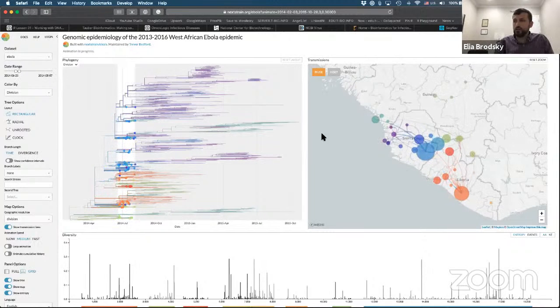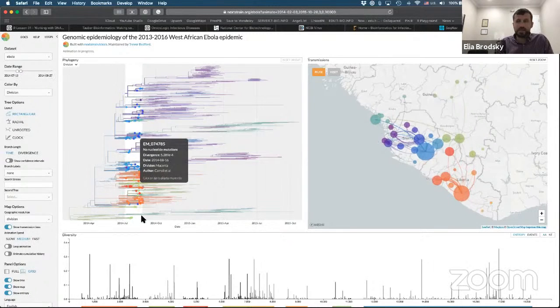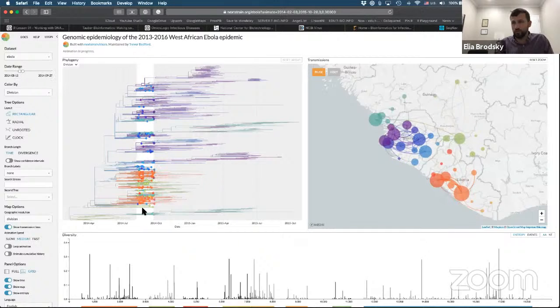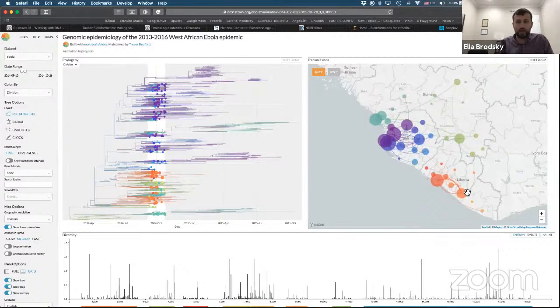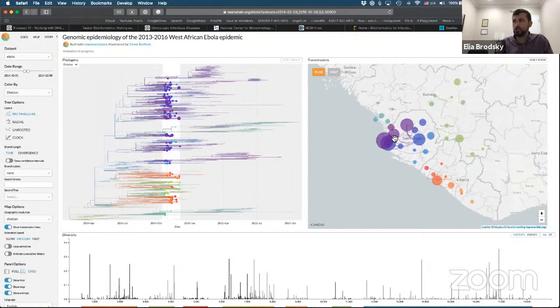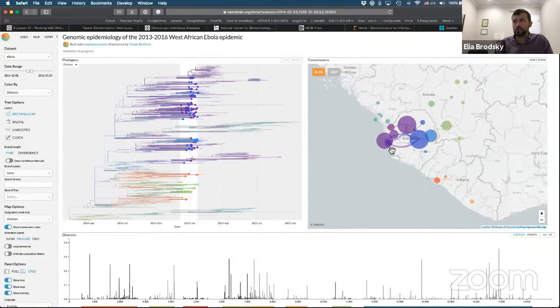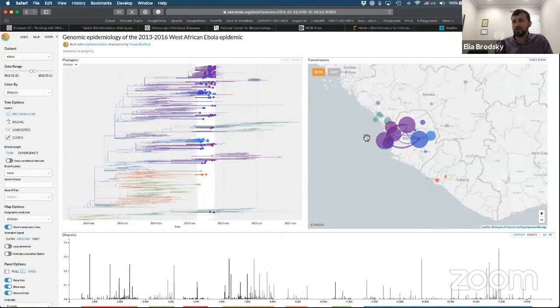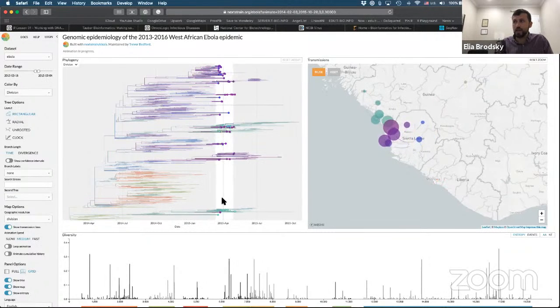So this tree that you see represents the diversification of the viral genomes as the virus spread between these different locations. Okay, so if you just play this animation, it shows you how samples from different locations and the associated number of deaths or infections in different locations has caused a change in the viral sequence.